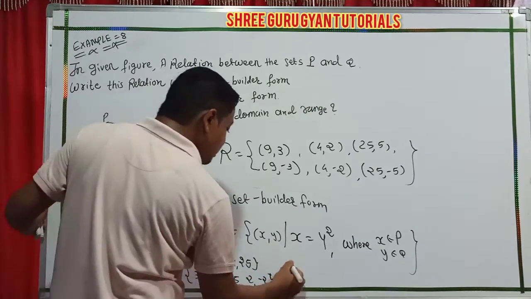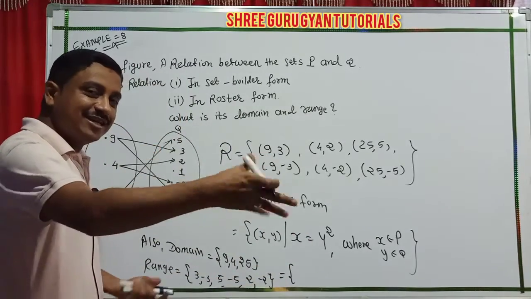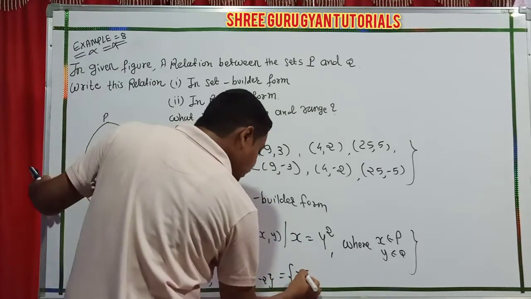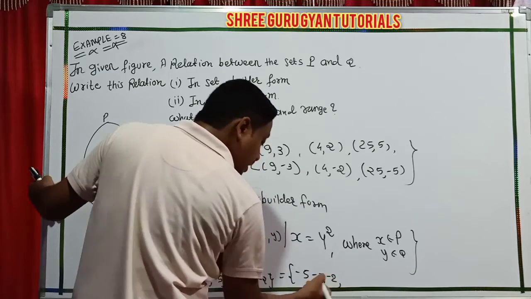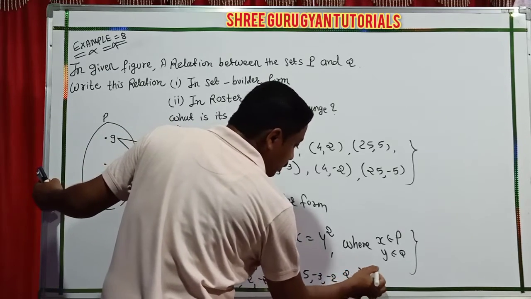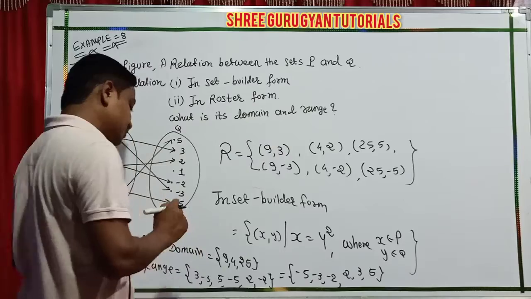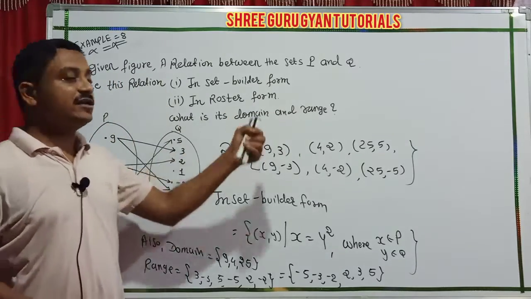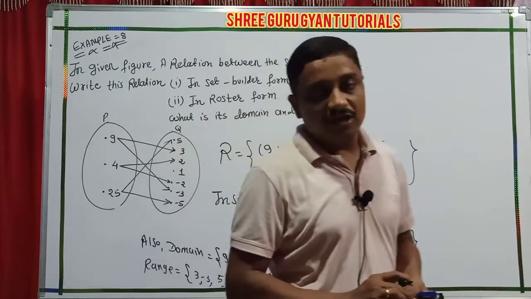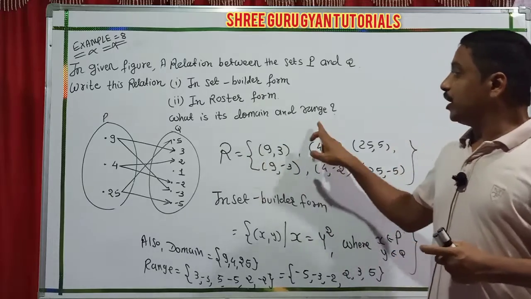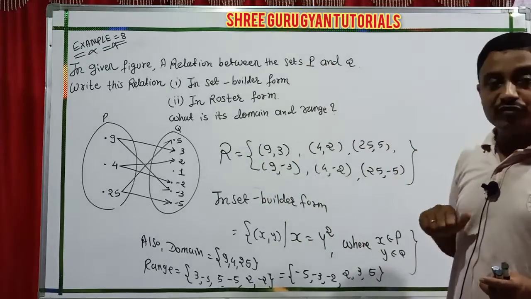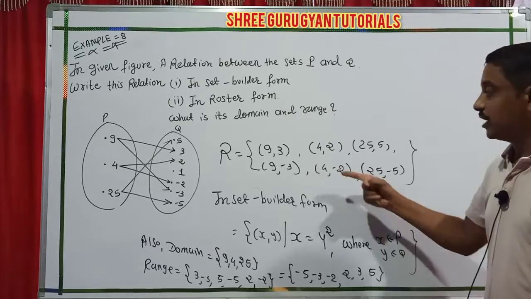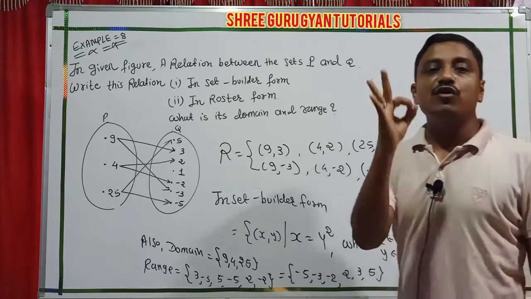If you arrange these answers in increasing order, it is minus 5, minus 3, minus 2 and 2, 3, 5. These values are put and easily done, students. This is the answer for our domain, range, set builder form and roster form. This is the set builder form, and these are our roster form.